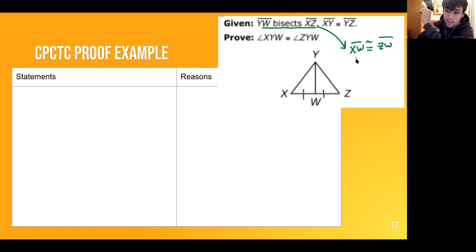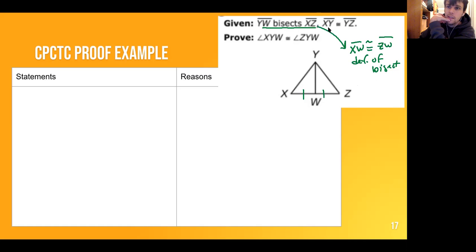Definition of bisecting. So definition of bisect. That's what it means to bisect. So this is one of those situations where this statement is kind of telling me some markings that I make, but I do need to state that extra part in my proof.